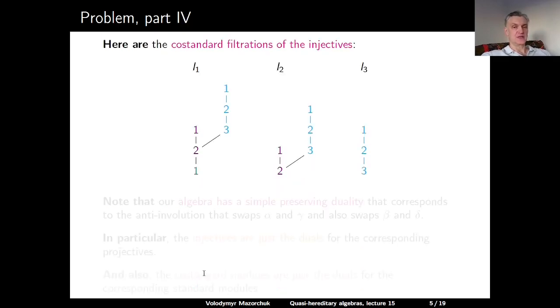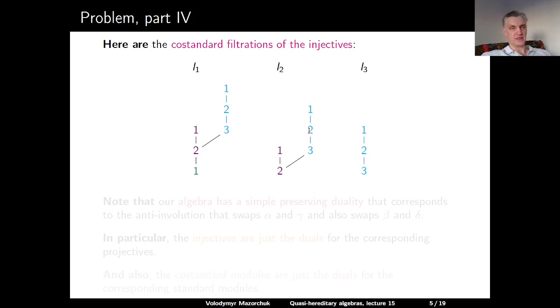Okay, and we of course can see the costandard filtrations of the injective modules. The module I3 is costandard. The module I2 has a copy of I3 on the top and nabla 2 below this nabla 3. And I1 has a submodule nabla 1 and the quotient by it is I2, which has a nabla filtration.